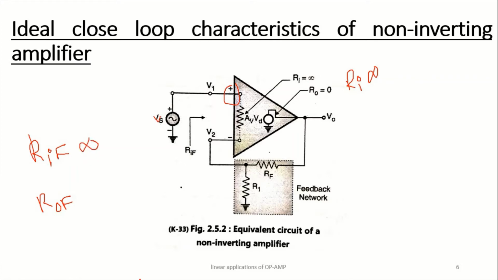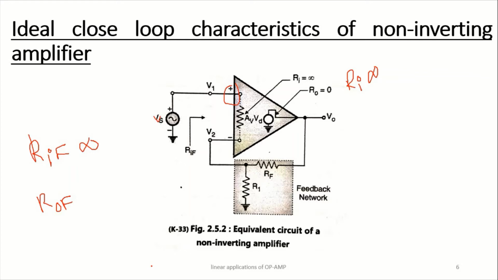Due to the infinite input resistance of the ideal op-amp, this terminal appears as an open circuit. Therefore, RIF is infinity. Note that the input resistance is infinity, not R1 as for the inverting amplifier.